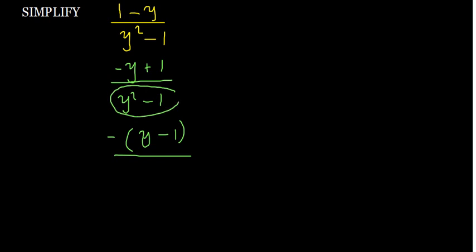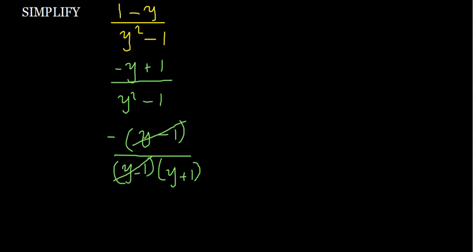This one is the difference of two squares, meaning that is going to become y minus 1 and then y plus 1. So you can see that y minus 1 here will cancel with y minus 1 there. So what has remained on top is just a negative 1. Down what has remained is a y plus 1. So this is going to be the answer. Is this okay?